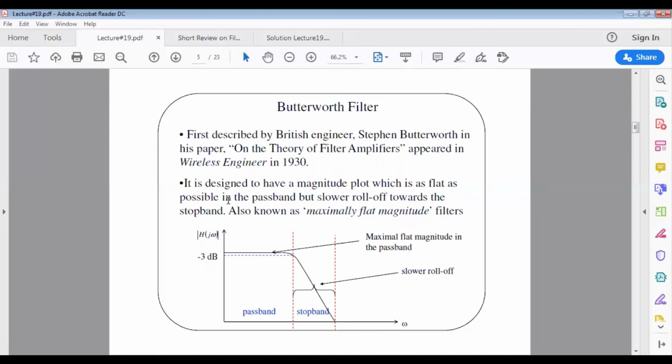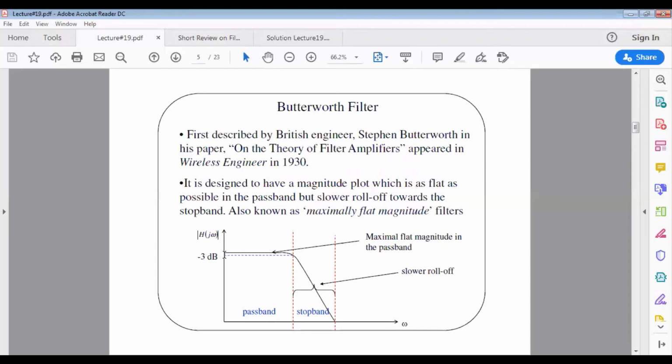Okay, so this is about the Butterworth filter. Basically, the filter was invented by a British engineer, Mr. Stephen Butterworth. It is designed to have a magnitude plot which is as flat as possible in the passband. If we have a look at this magnitude plot, which is for a low pass filter, we can see the passband region. The magnitude plot in the passband is said to be as flat as possible.